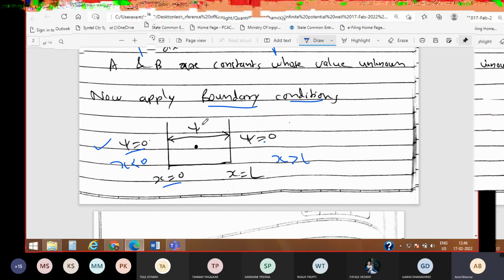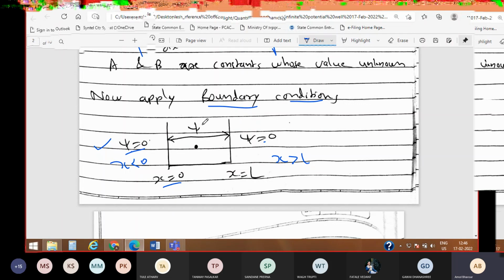Now we are applying this rule for this KL value. What is the KL value of this sine wave? KL value is also 0, plus minus pi, plus minus 2 pi, plus minus 3 pi, okay. But KL value should not be 0.